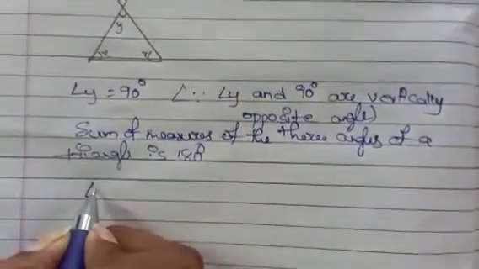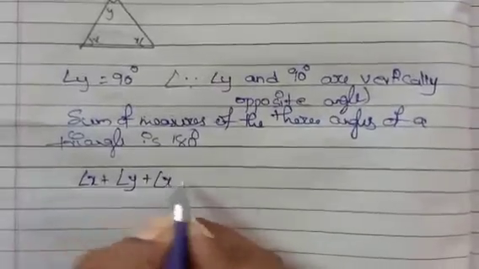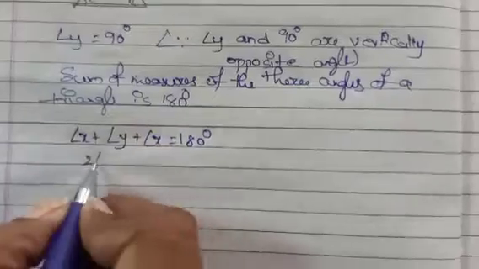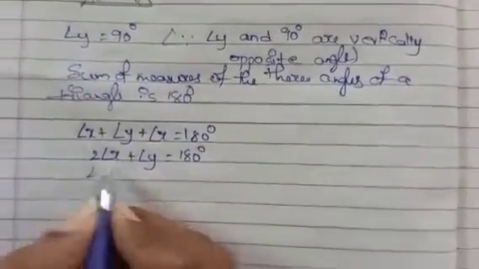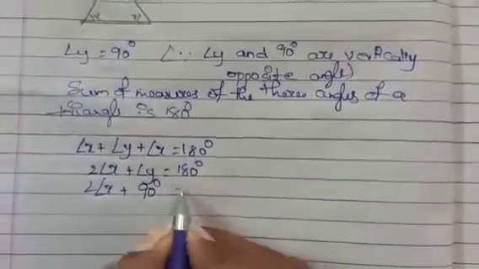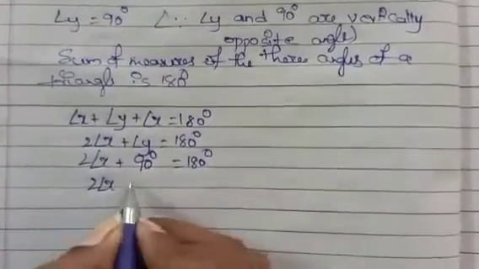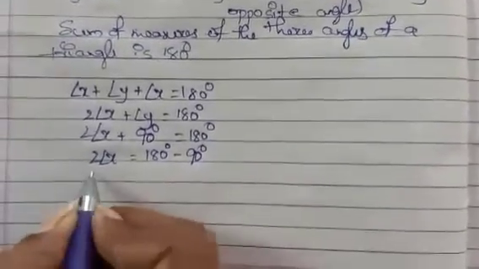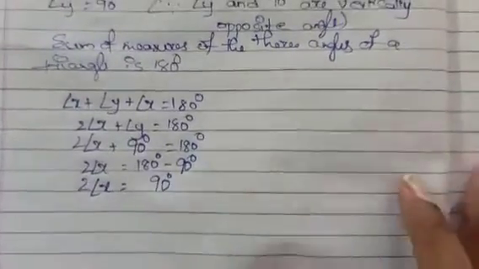So angle x plus angle y plus angle x is equal to 180 degrees. Angle x plus angle x is 2 angle x, plus angle y is equal to 180 degrees. 2 angle x plus angle y, how much did we take here? 90 degrees is equal to 180 degrees. So 2 angle x, this 90 degrees we are shifting to the RHS, means 180 degrees minus 90 degrees. 2 angle x is equal to 90 degrees.